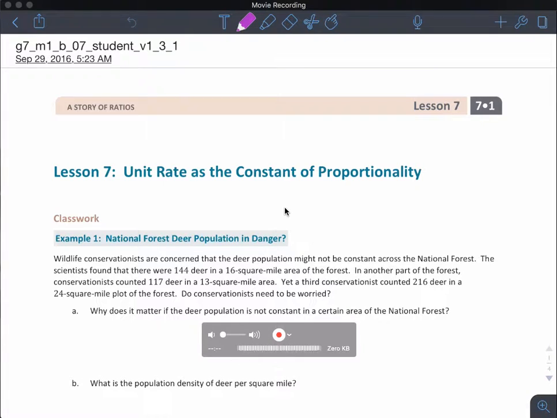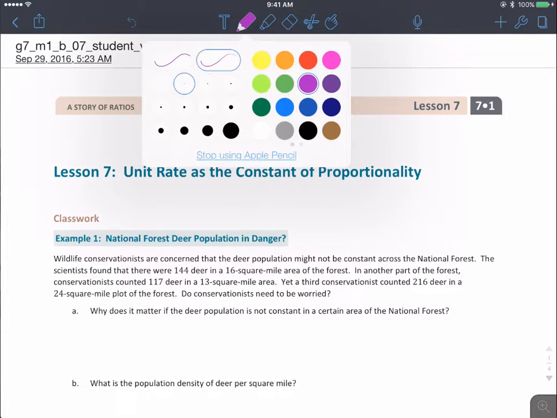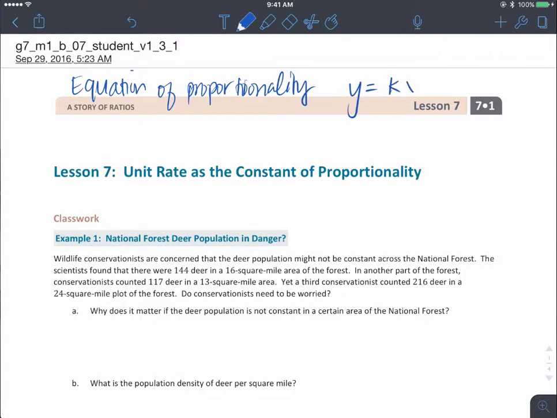Okay, we are continuing our proportionality relationships. This lesson really gets into our equation of proportionality, which is y is equal to k times x.